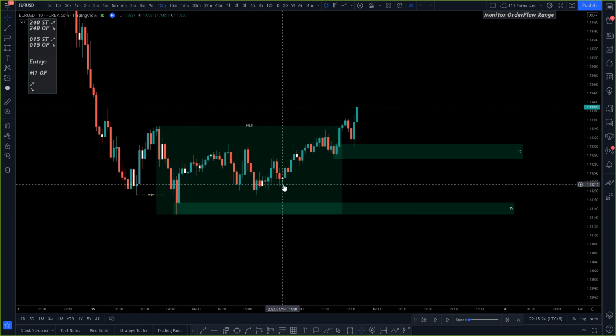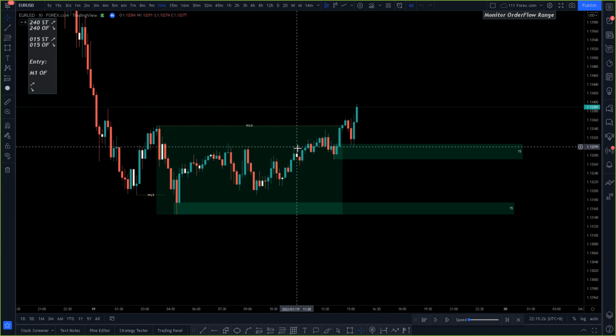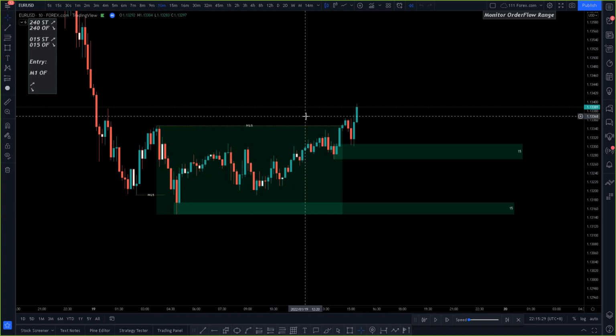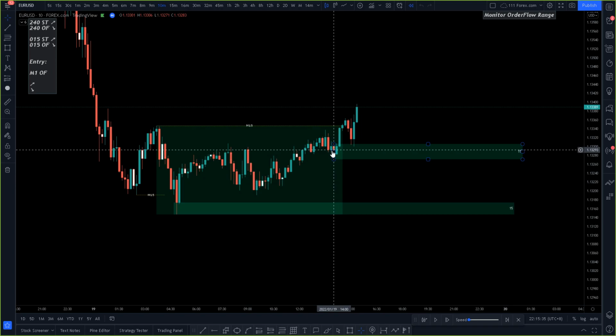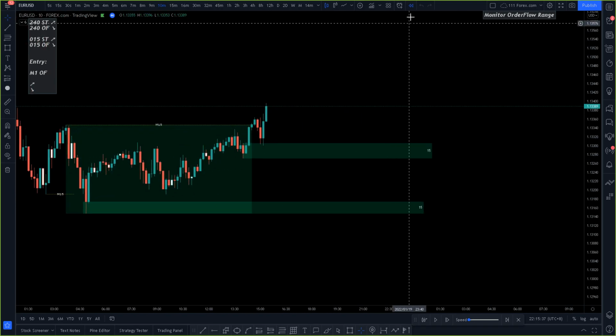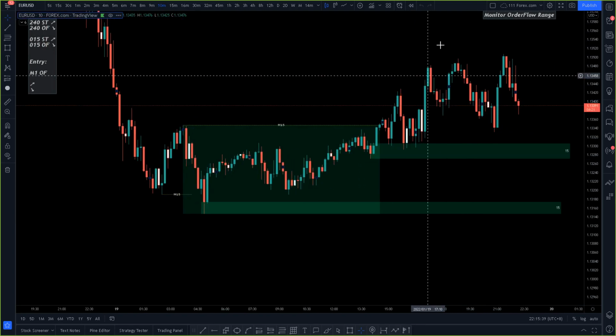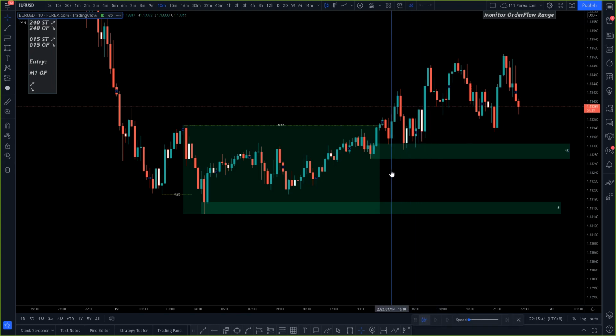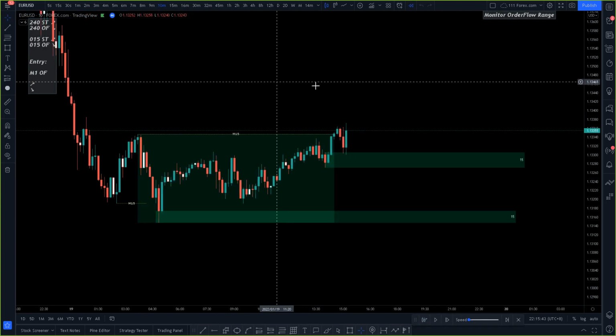Let's see on a different time frame. Yep, not really, things are in the middle. This is all liquidity, right? And just take a look at my current chart.